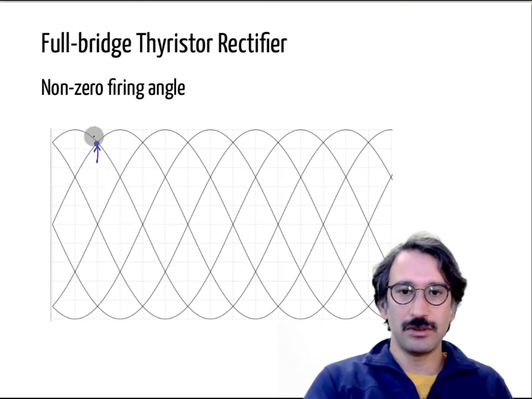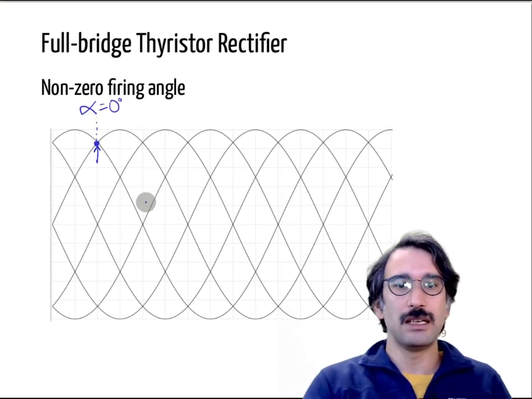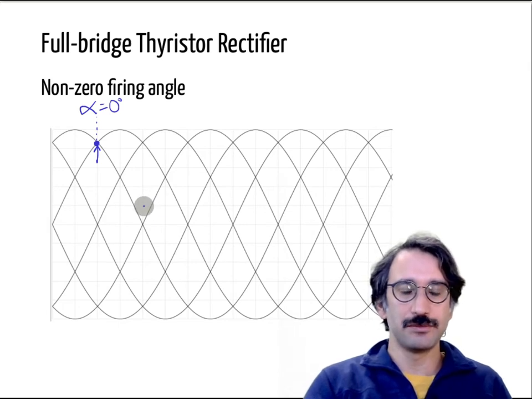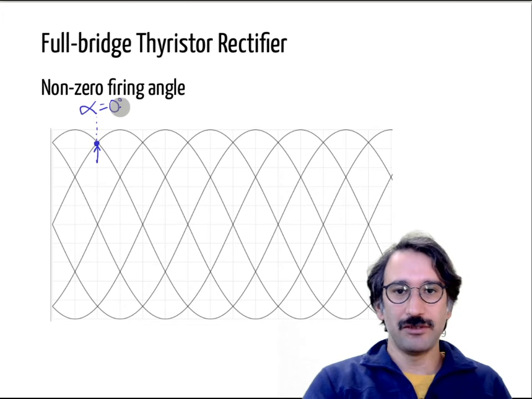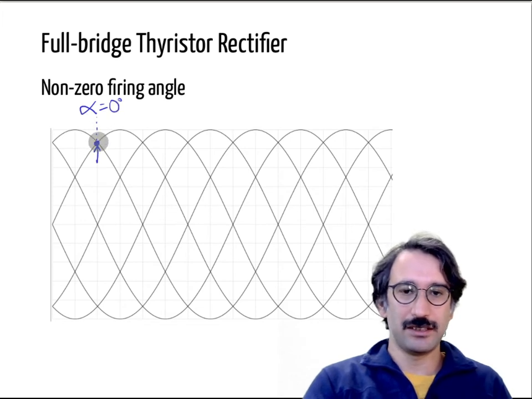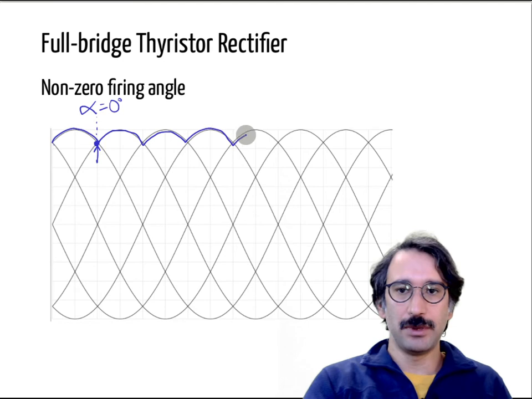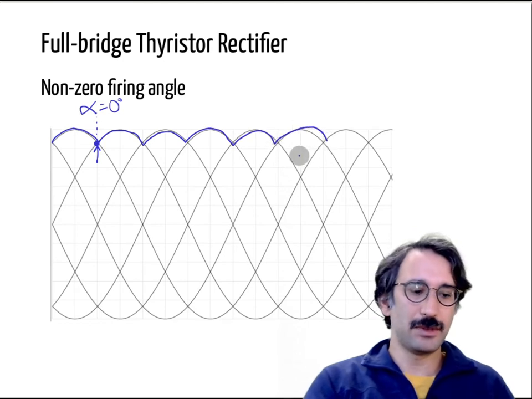That is why that angle is called alpha equal to 0 degrees. So for three-phase diode rectifiers, the definition of firing angle is here. If I just fire at alpha equal to 0, then it becomes like a diode rectifier. So it will be going like that.